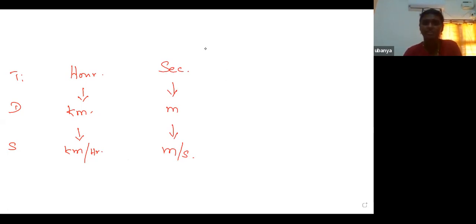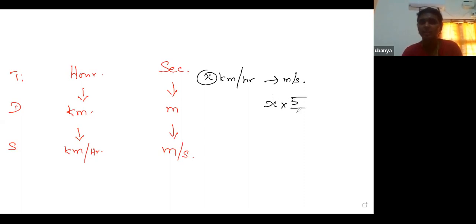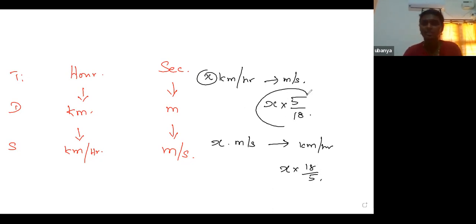So if they have given kilometer per hour and we have to convert to meter per second, if it is x kilometer per hour, we have to go with x into 5 by 18. This is the simplified form for meter per second. That's it for easy calculation. And if given x meter per second, to convert into kilometer per hour, we do x into 18 by 5. So this is a basic calculation.